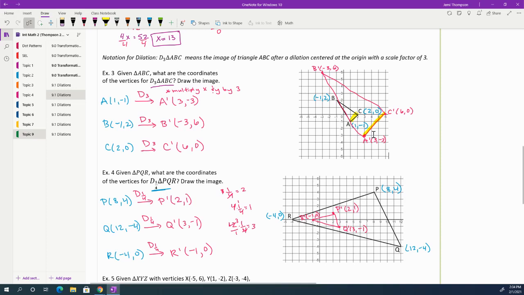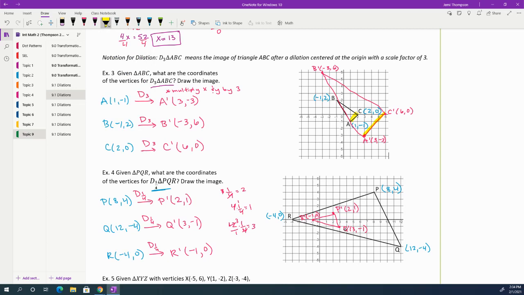Okay, now while it would take either a ruler or using the distance formula to find the actual length of these, I can use my tools to talk about the length. So if I was given the picture only and I wanted to find the lengths of these, I could compare them.